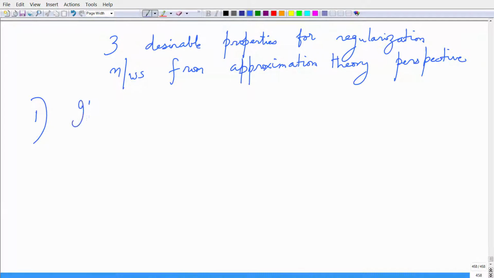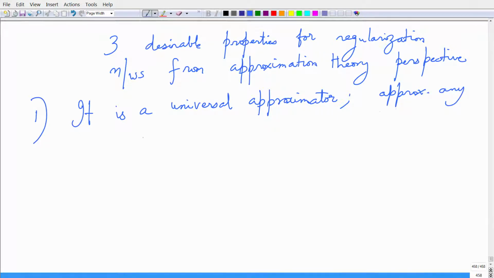First is, it is a universal approximator, which means it can approximate any multivariate continuous function pretty well, which is what we want.